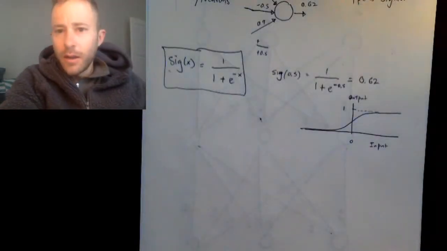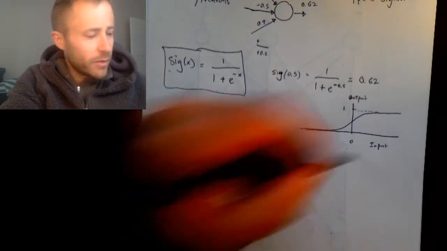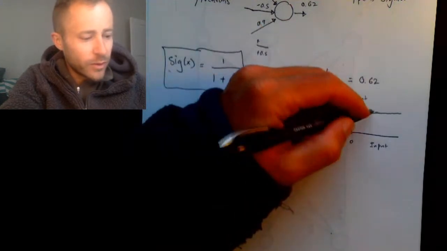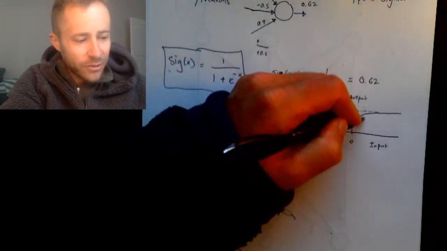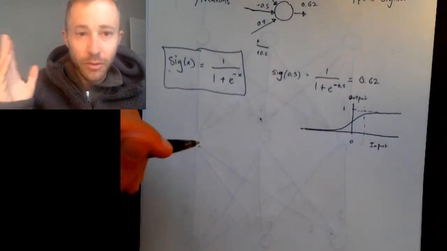So it's like there's a threshold, if you will. Once the input is past a certain threshold, the output is basically going to be 1.